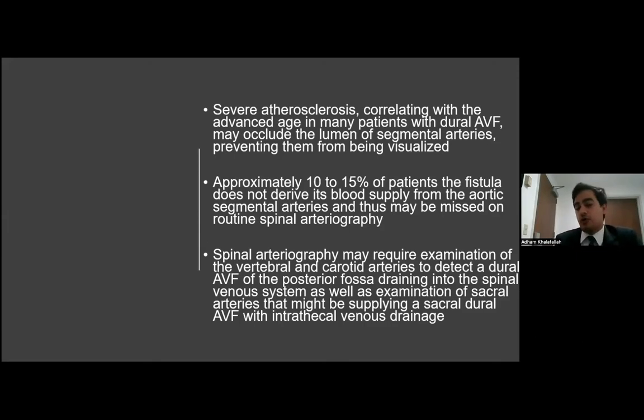They also explained, for future reference and for our education, that 10 to 15% of patients with fistulas actually do not get their blood supply from the aortic segmental arteries, and that's why they might be missed on the routine spinal arteriography. And that when we do the arteriography, we need to do the vertebral and the carotid arteries to detect any AVFs in the posterior fossa draining into the spinal venous system, as well as any AV fistulas from the sacral plexus.